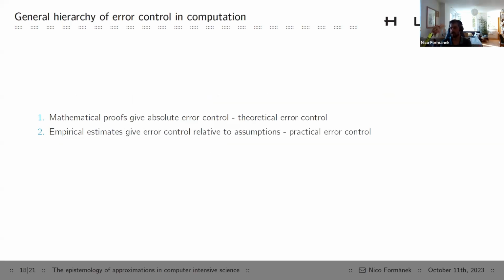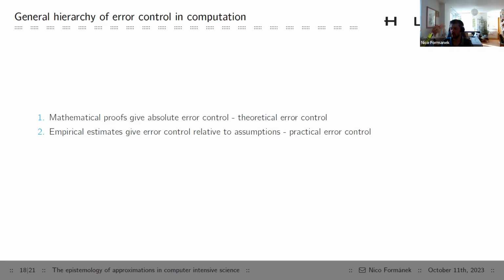Okay, so I think it's also very suggestive that we have this general hierarchy of error control in approximation or computational methods, namely that if we can mathematically prove error bounds or something like that for our method, then this gives us absolute error control.